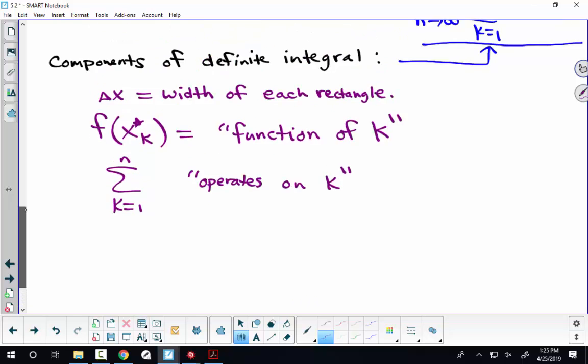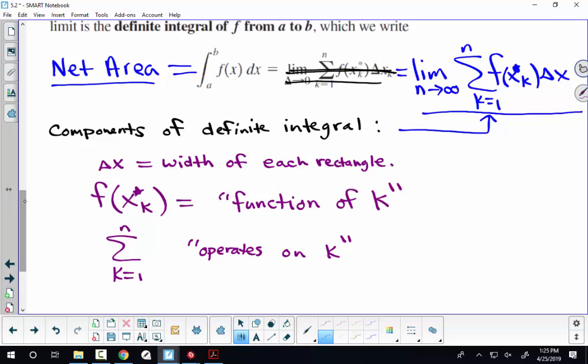Okay, go back up. So delta x is just some number, the width of each rectangle, it doesn't vary. This function of k in front of the summation is what's varying as k goes from 1, 2, 3, 4, 5, right? It has to stay in front of the summation because the summation operates on that function of x star sub k.